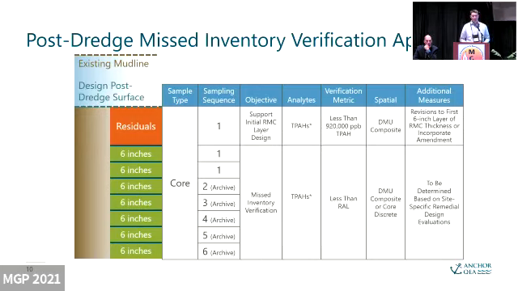We'll look on a composite basis over a dredge management unit. And if we do have an exceedance of this verification metric, this 920 ppm, then we'll revise what our cover looks like. So post dredge, you place some cover to lock down the generated residuals, and we'll walk through now exactly what the post-dredge cover at our site is going to look like and where that 920 ppm value came from.